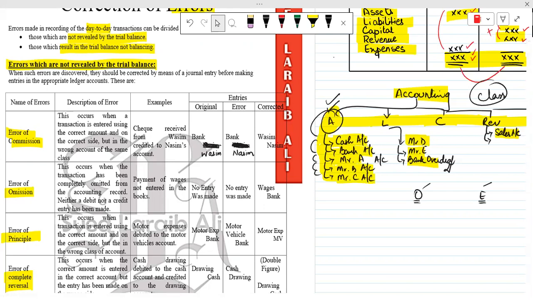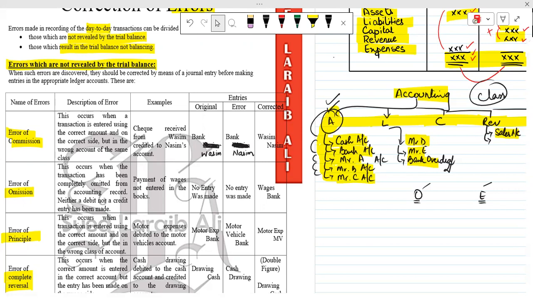But you will get to know from different transactions. However, if these errors are not going to affect the trial balance, it does not mean that they should not be rectified. Why? Because these errors are somehow going to affect your profit for the year, or they might affect any part of your income statement or statement of financial position.